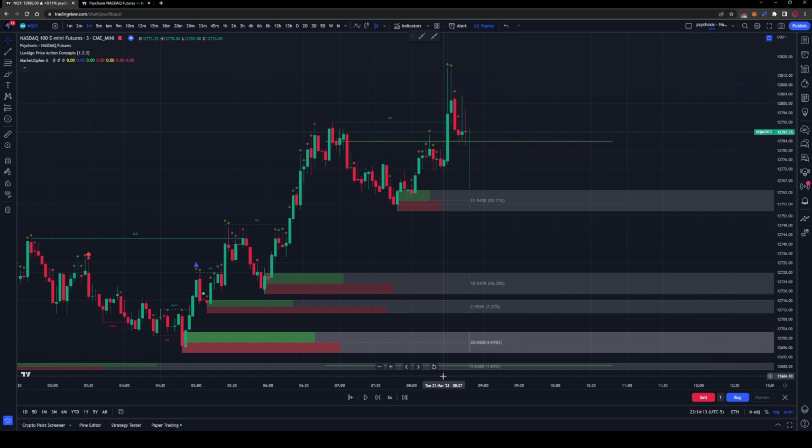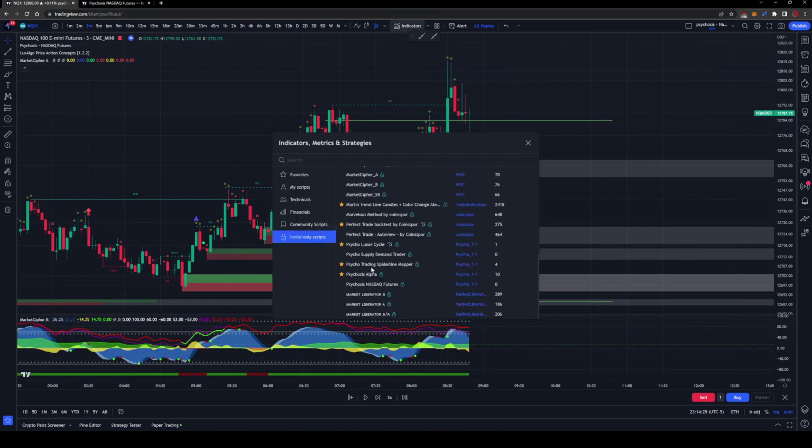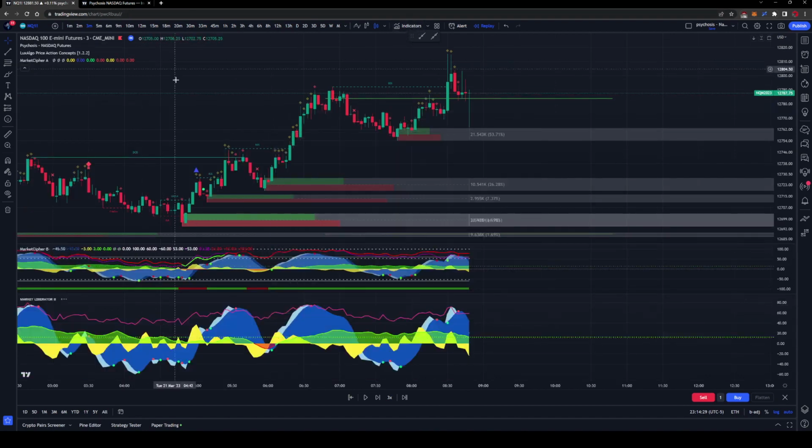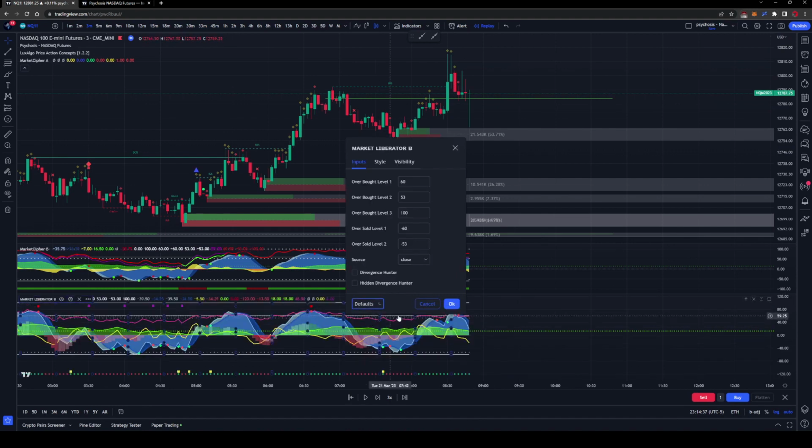I was not profitable until I started using, for example, Market Cipher, Market Cipher B especially, to kind of see weakness and the way things are working in the market. You can run Market Liberator. I think you just donate like 10 bucks, or $5, and they give you the indicator for free. It is good, you get something decent.